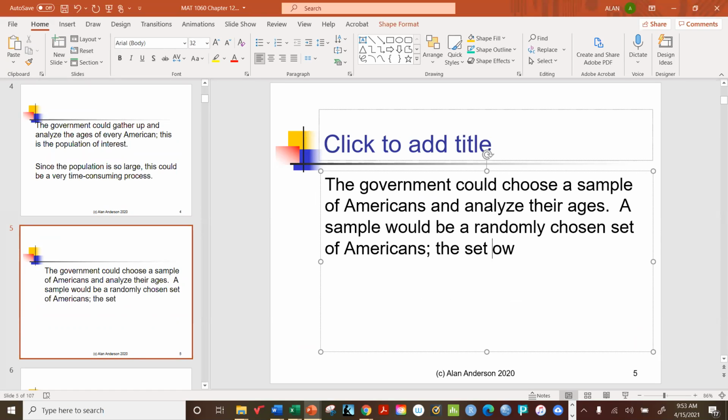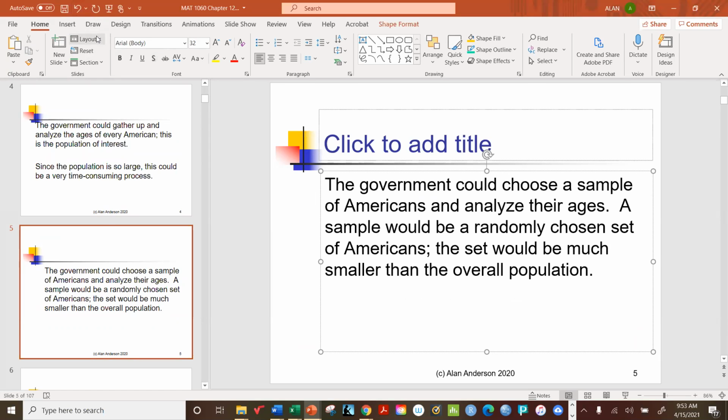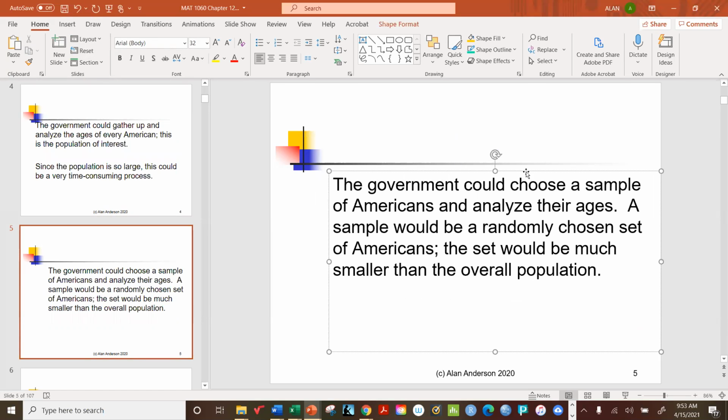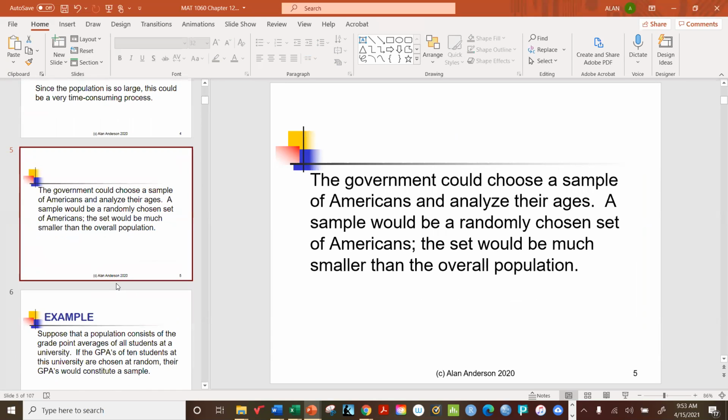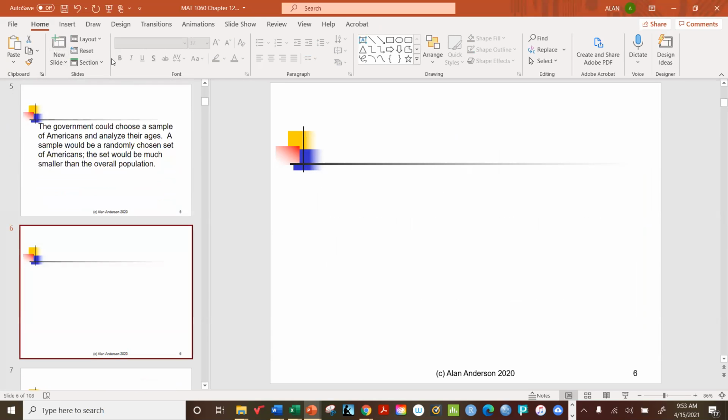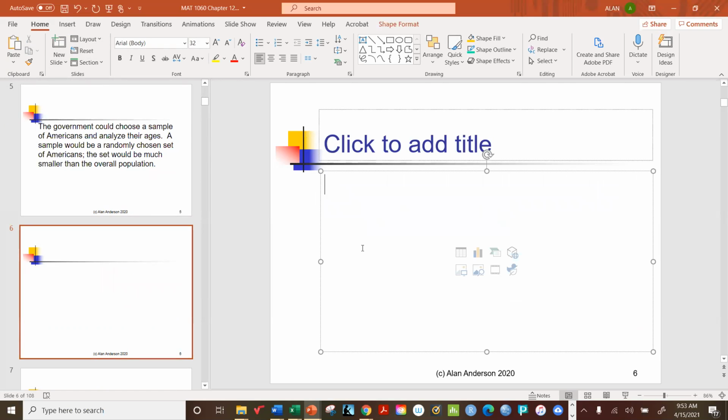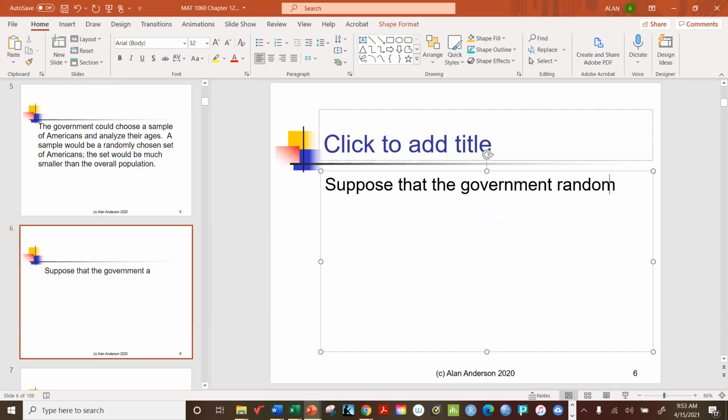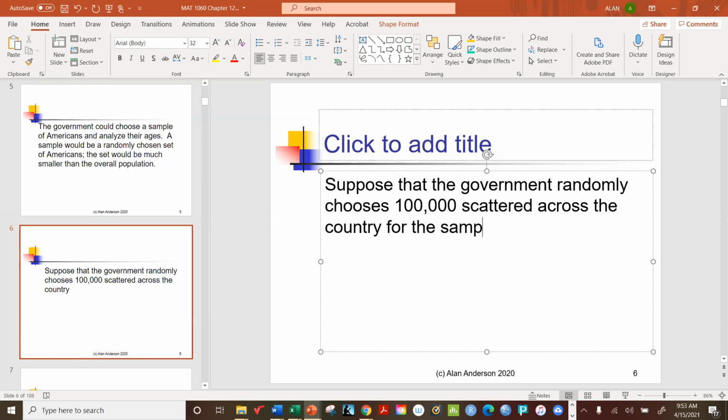The set would be much smaller than the overall population. Okay, so let's say, for example, they choose, I don't know, instead of the whole 300 million, suppose that the government randomly chooses 100,000 people scattered across the country for the sample.